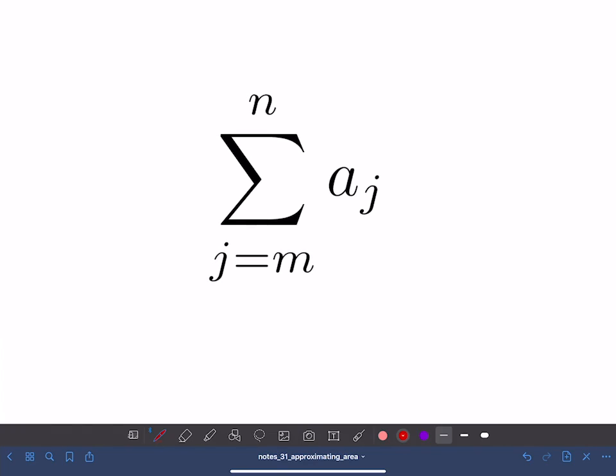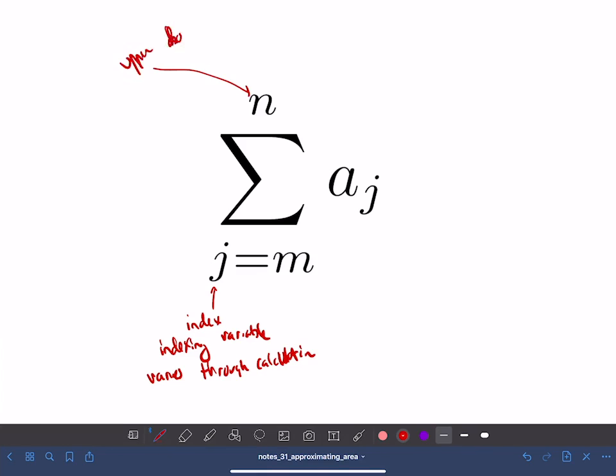I have some pieces, and I have a nice video on this in the Lightboard section as well. This thing right here is what we call the index, or the indexing variable. It's the thing that varies through the calculation. N is the upper bound. M is the lower bound.